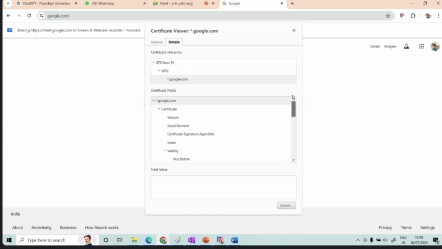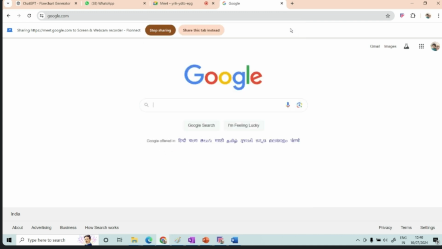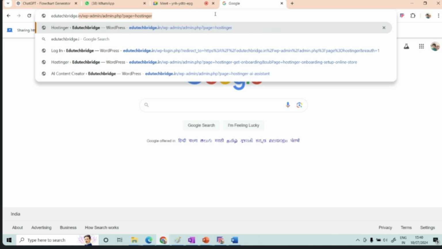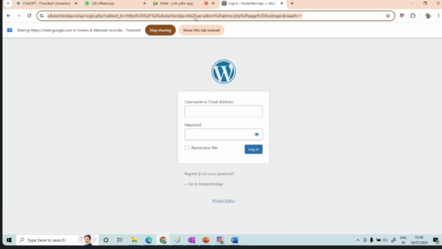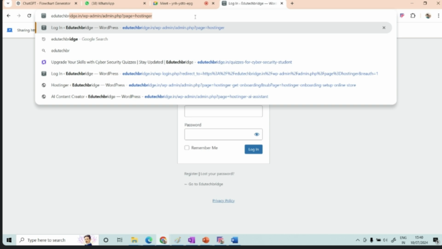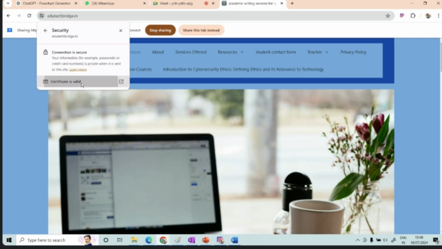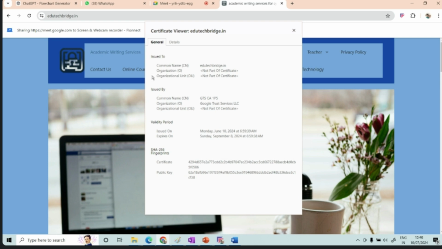Suppose instead of Google, I am typing my website edutechbridge.info. We'll see here the connection is secure and the certificate is valid. In my case, you can see the organization name it is issued to, edutechbridge.info, and issued by GTS CA, Google Trust Services, the certification authority.